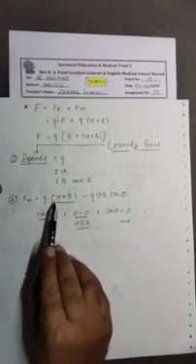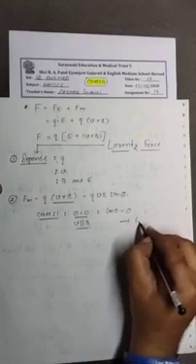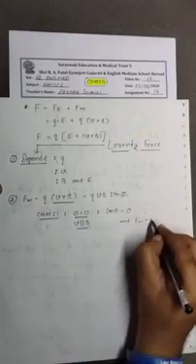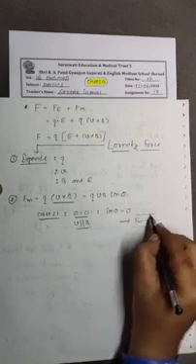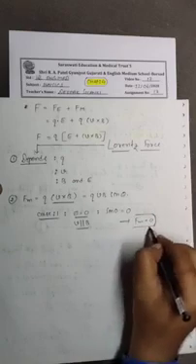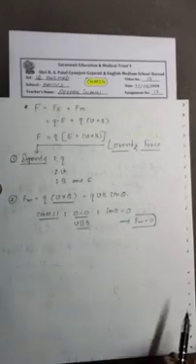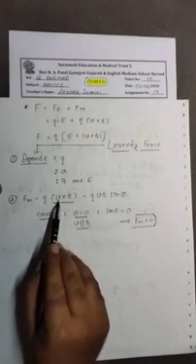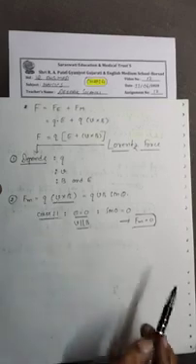This means the magnetic force Fm becomes how much? 0. Got it? So the magnetic force is 0 when the velocity is parallel to B. Or you can say that the velocity of the charge is 0.